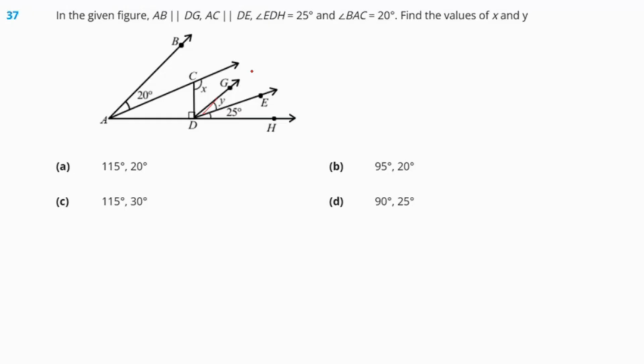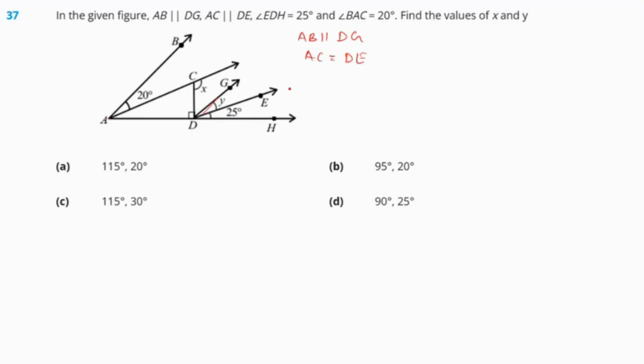AC is parallel to DE. AB is parallel to DG, and AC is parallel to DE.